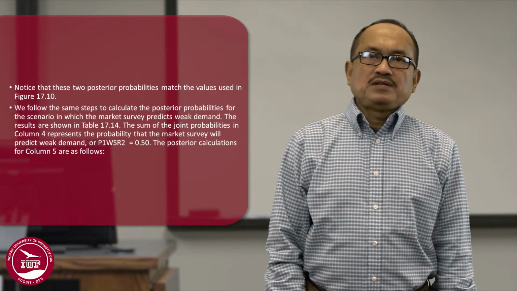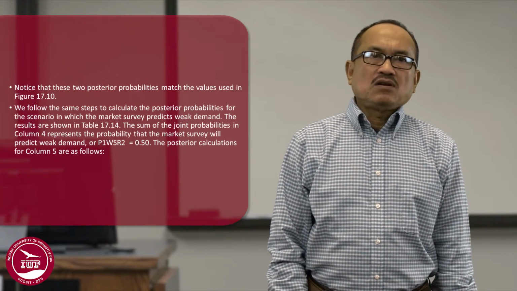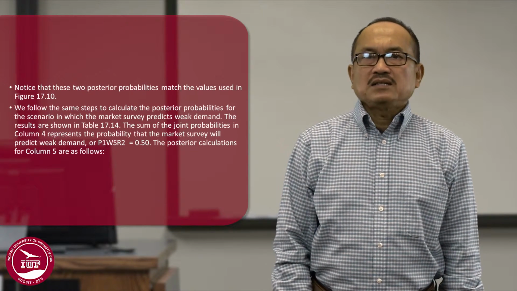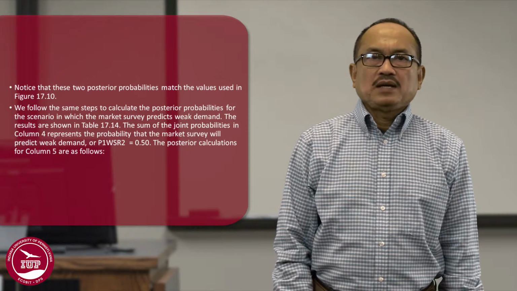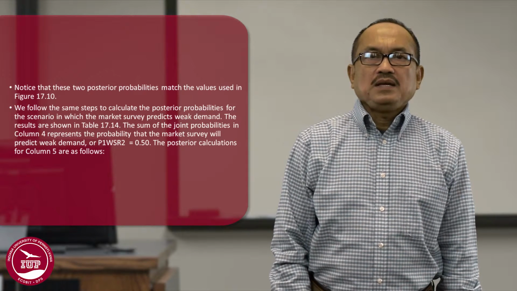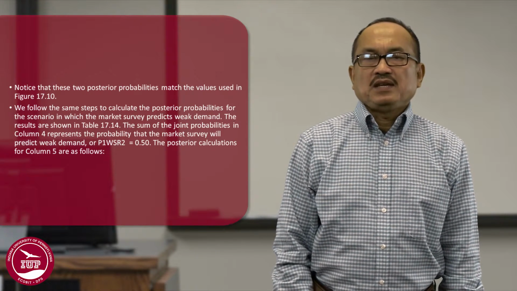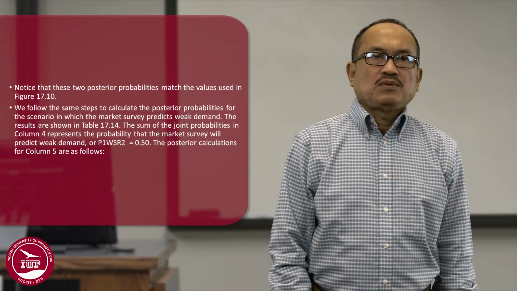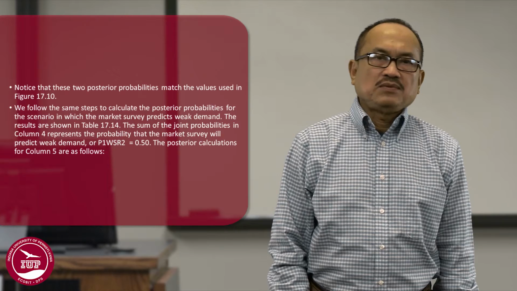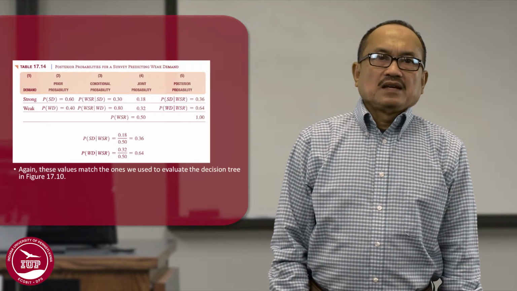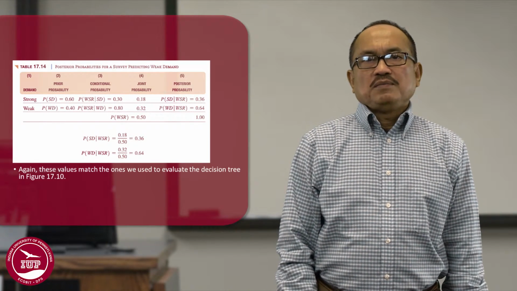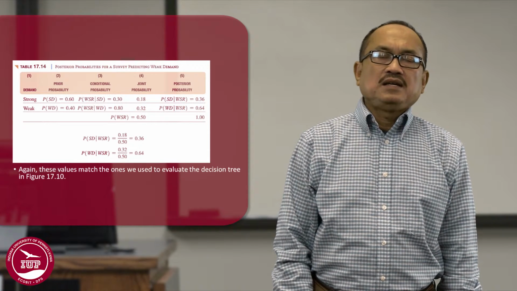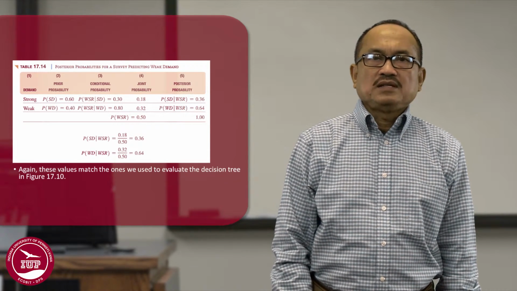The sum of the joint probabilities in column 4 represents the probability that the market survey will predict weak demand, or P(WSR), equal to 0.5. The posterior calculations for column 5 are as follows. Again, these values match the ones we used to evaluate the decision tree in figure 17.10.